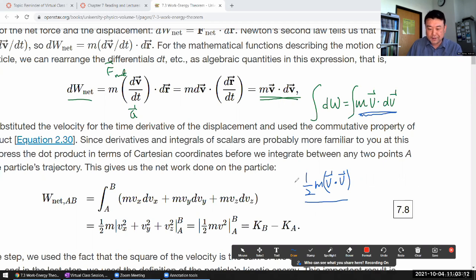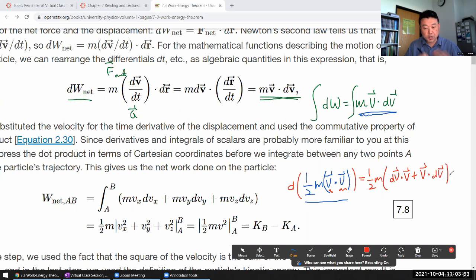And if I imagine taking just a derivative or differential of this, then I would say, okay, 1/2 m, those are all constants, so I have 1/2 m. And okay, these are now my variables. I need to take a derivative. They look like a product, so I can probably use a product rule. So I have the derivative of the first one, product with the second one that hasn't been taken derivative of, plus the first one product with the derivative of the second one.